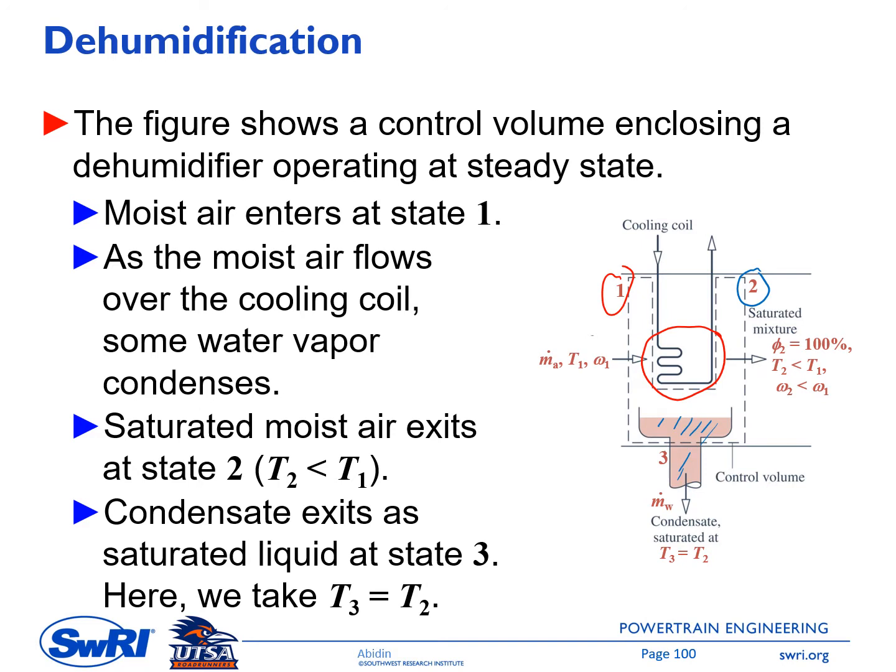You will see later on, I believe I have one slide, we can add one more system downstream of state 2 to bring the temperature back to T1. And then back to this system, condensate exits as a saturated liquid at state 3. So it is at the bottom here. And here we take T3 equal to T2.